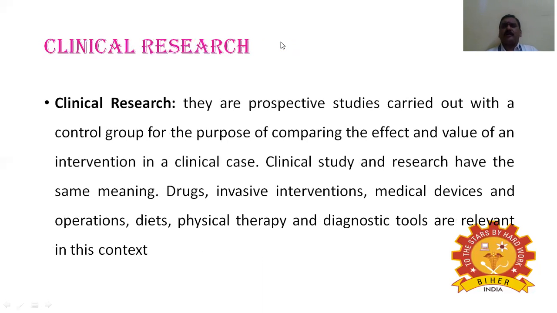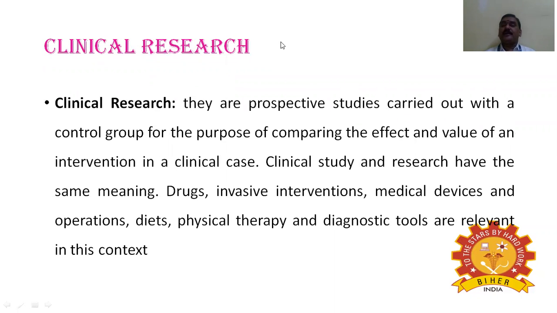Next, I'm coming to what is clinical research, the most familiar terminology in this industry. Clinical research, clinical data analysis, or clinical data scientists. What is clinical research? Clinical research consists of prospective studies carried out with a control group for the purpose of comparing the effect and the value of an intervention in the clinical case.